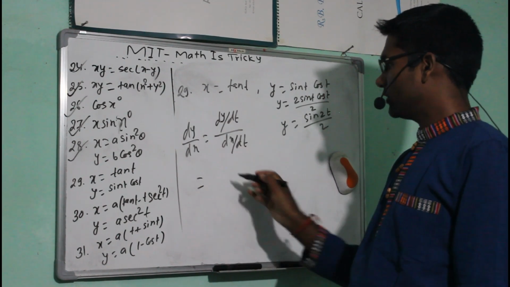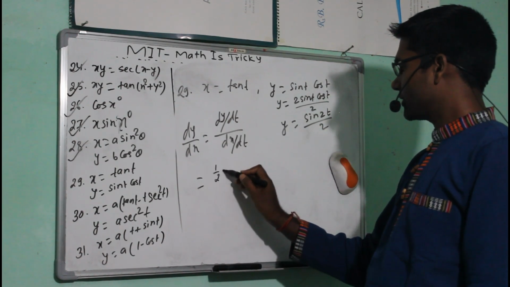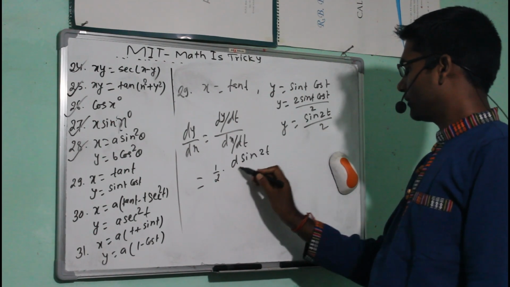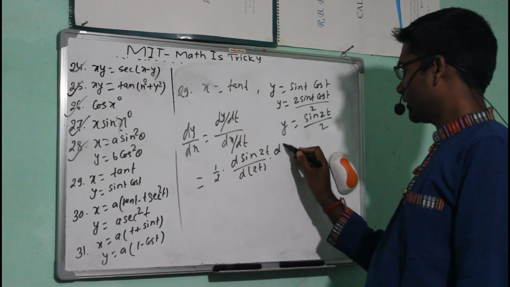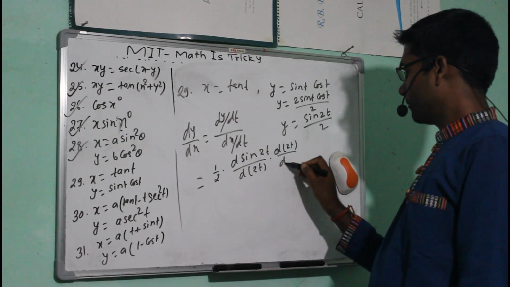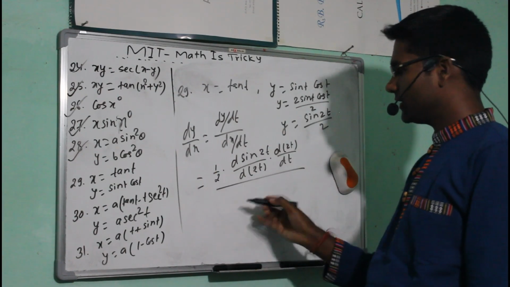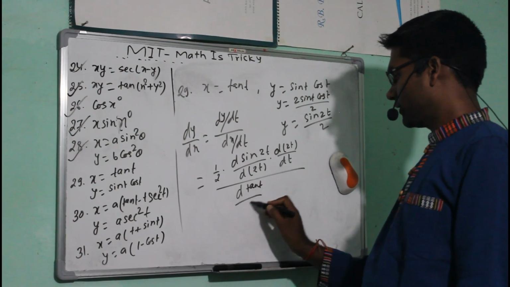So dy by dt means 1 by 2 outside, d sin 2t by d 2t into d 2t by dt. For x, we have d tan t by dt.